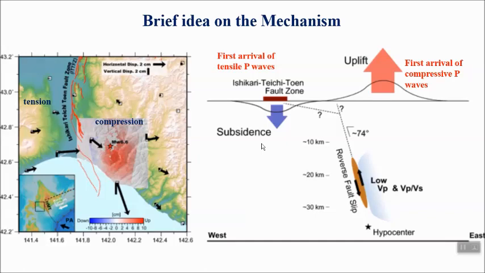So if we understand the P wave signature, then we can find out what kind of subsurface movement has taken place. This is the prime importance of the fault plane solutions. Basically, the fault plane solutions give us the sense of movement along the fault from the P wave movement recorded in the seismometers.